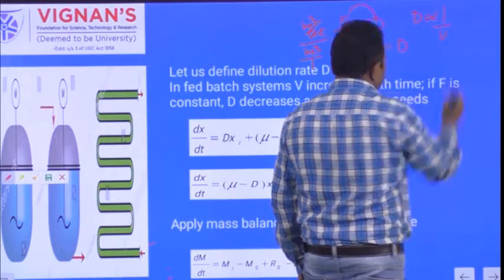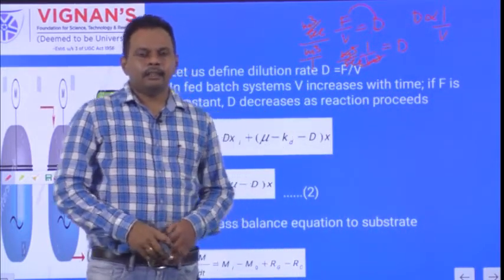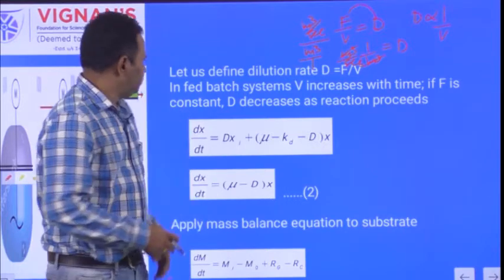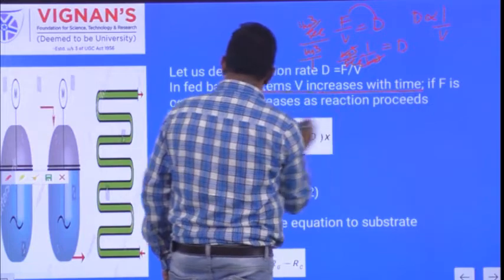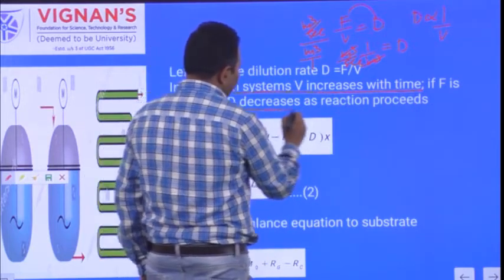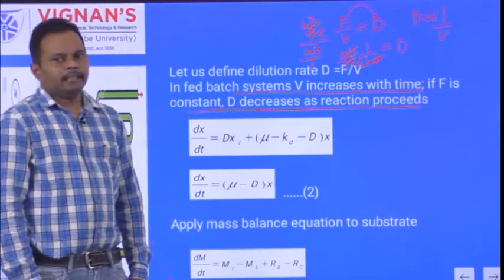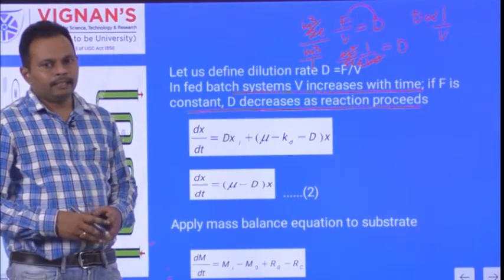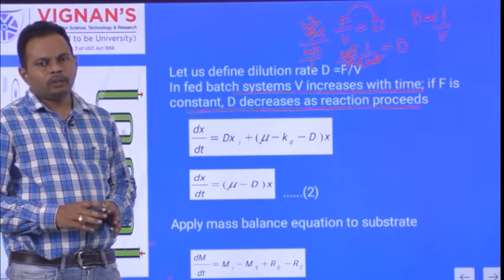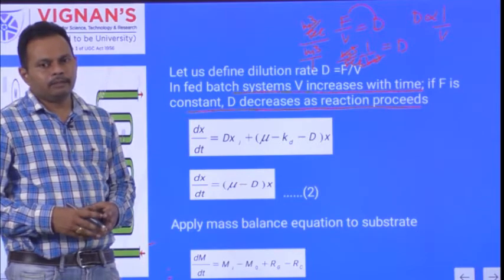Second point: in a fed batch system, V increases with time, F is constant, and D decreases as the reaction proceeds. So the inlet volumetric feed rate F and dilution rate are directly related to each other. The units of dilution rate are time inverse.